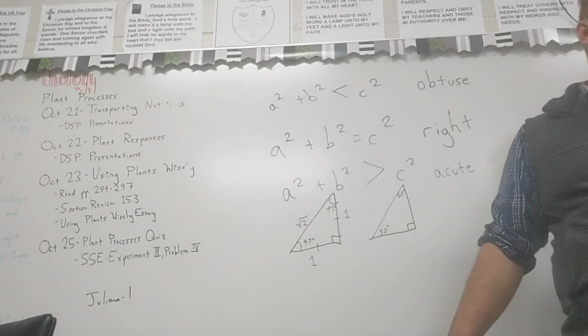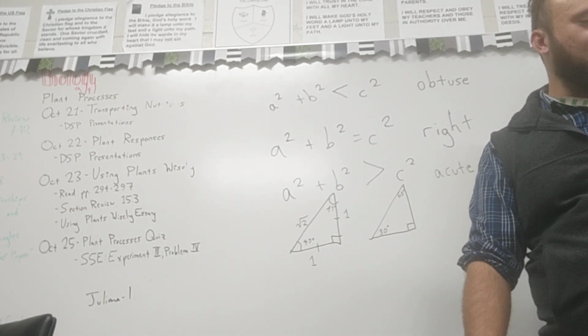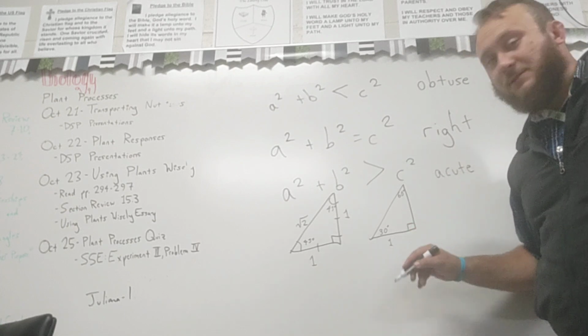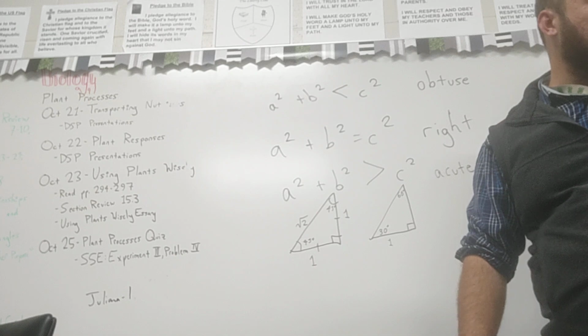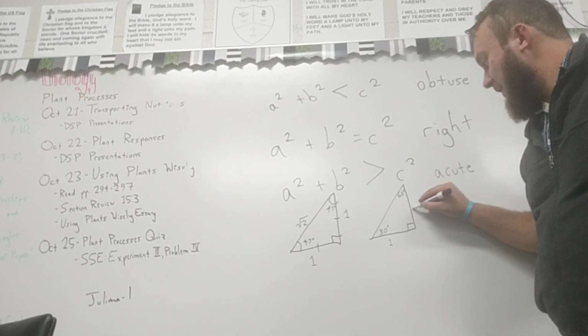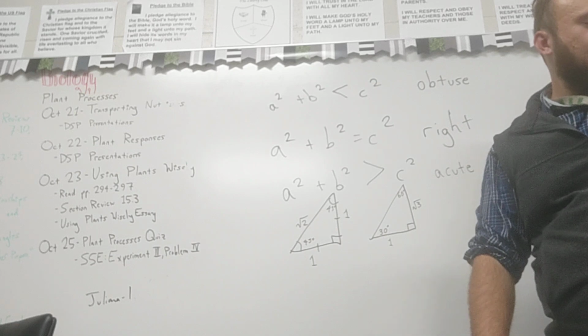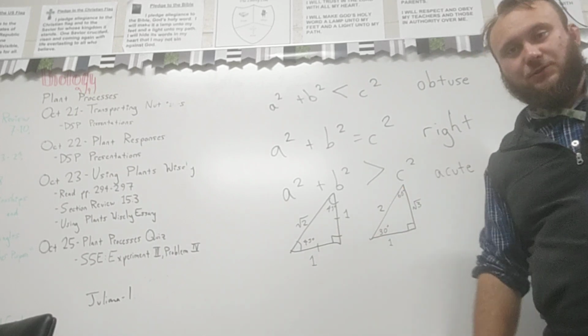So the 30-60-90 triangle theorem says if the length of the shorter leg of a 30-60-90 triangle is x, so let's just say this is the short leg, instead of x, let's use an actual number, 1, then the length of the longer leg is x times root 3, or root 3. And then the length of the hypotenuse would be 2 times x, or just 2.